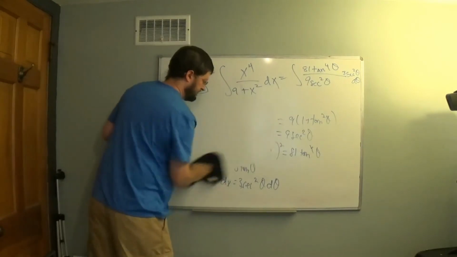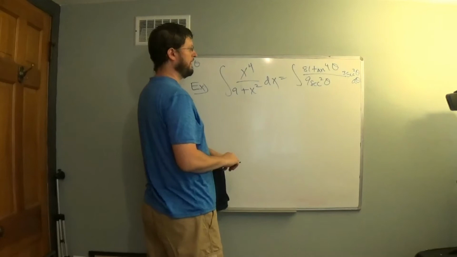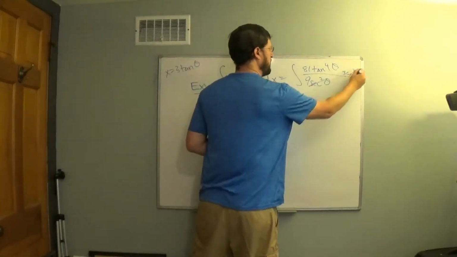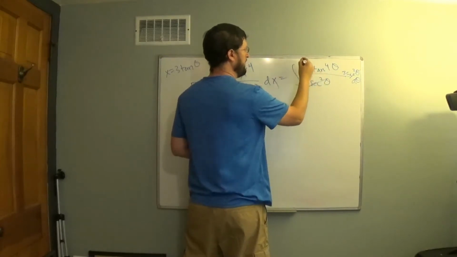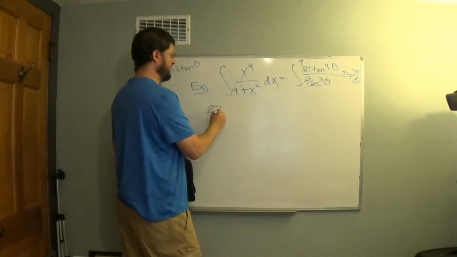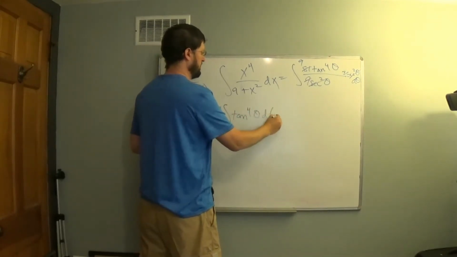Simplify. If we simplify, the secant squareds go away. The 81 and the 9 make 9, so that makes 27 times the integral of tan to the 4th.